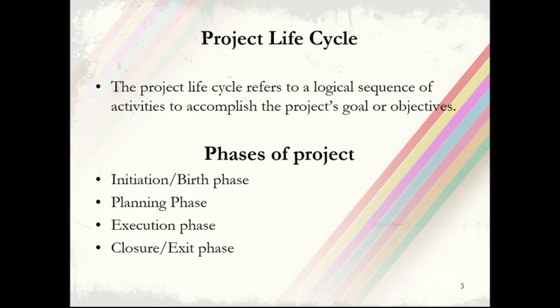They are initiation, also called birth phase, planning phase, execution or implementation phase, and lastly, closure or exit phase. Taken together, these phases represent the path a project takes from beginning to its end and are generally referred to as project life cycle.